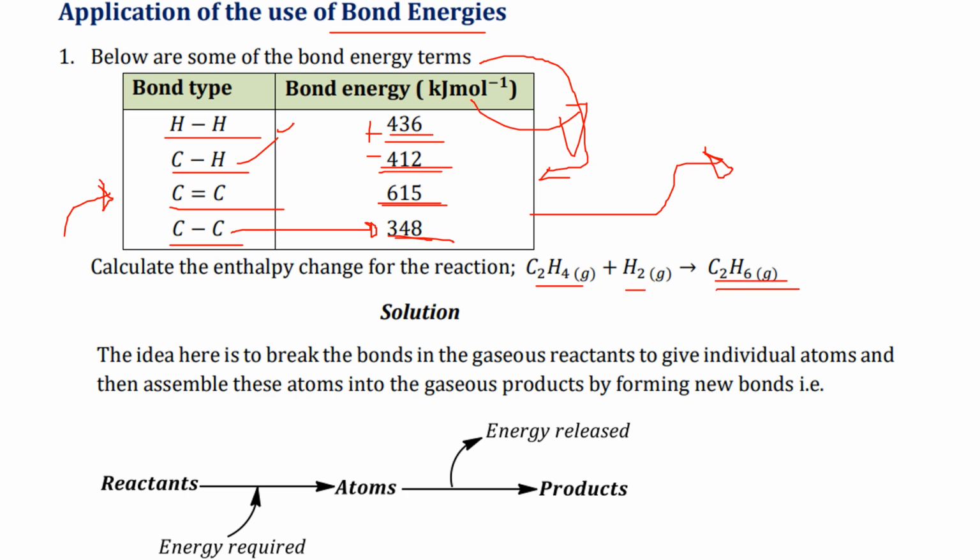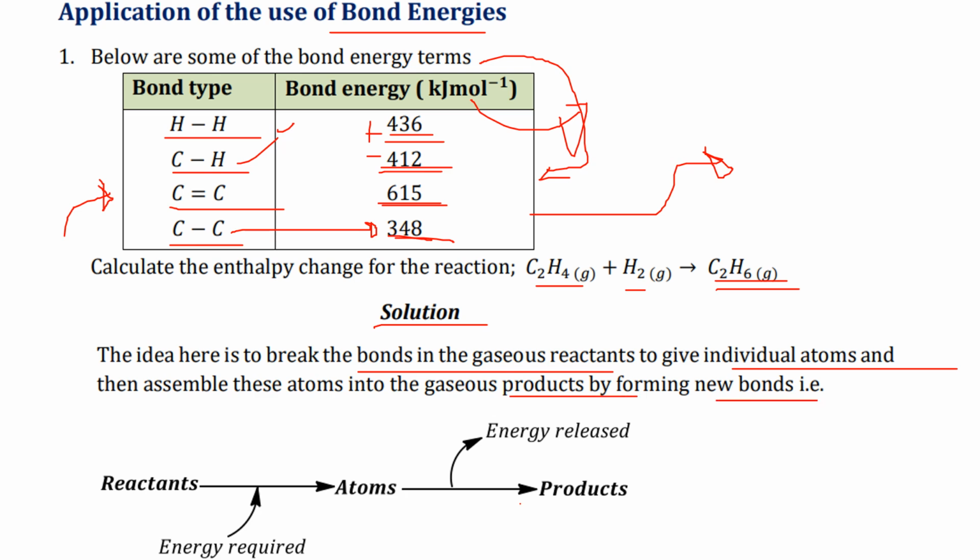So for the solution here, we are first going to talk about the highlight. The idea is that when you're breaking bonds of the gaseous reactants to give individual atoms, we then assemble them into gaseous products by formation of new bonds.